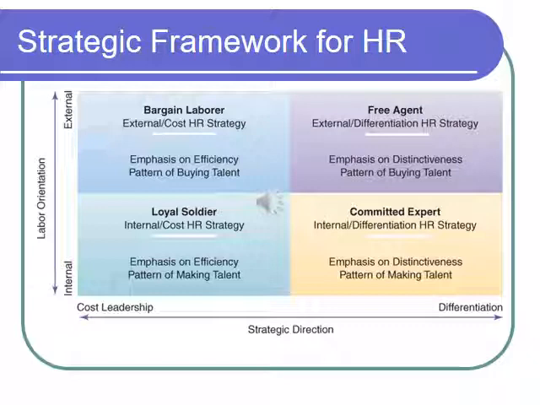If you follow cost leadership and you have external labor orientation, you have the bargain labor strategy. While for the last one, if you have differentiation in the competition and external labor orientation, you have the free agent strategy.